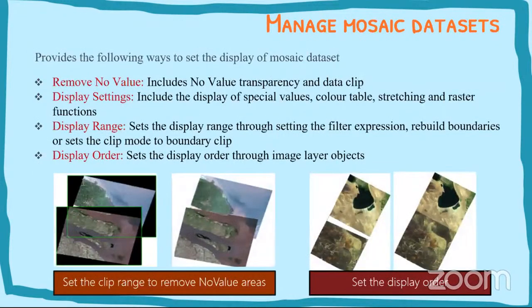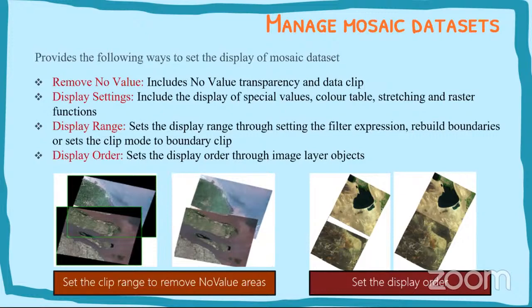Okay, so the mosaic dataset provides the following ways to set its display. It helps to remove no value and also to set the display, which includes the display of the spatial value, color table, stretching, and raster functions.